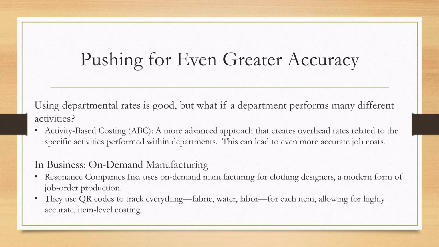A great example of this thinking in the business world is on-demand manufacturing. A company called Resonance Companies Inc. produces clothing for designers and uses QR codes to track every input for each specific item, the fabric, the water, the labor, which allows for highly accurate item-level job costing.